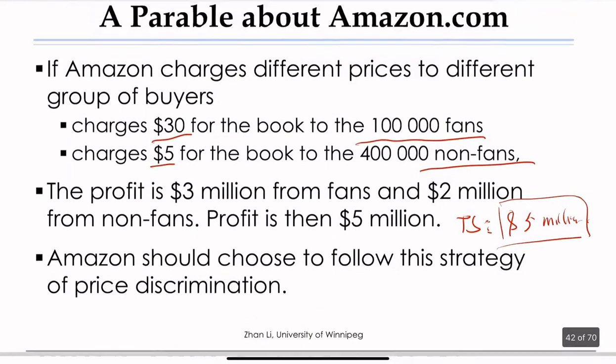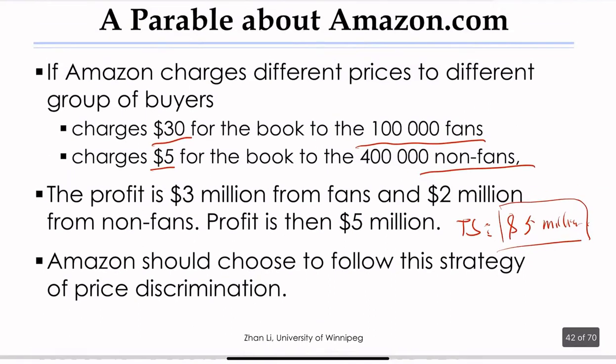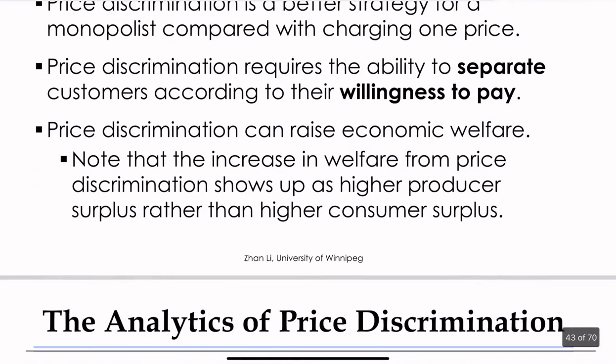Because in this Amazon example, if Amazon wants to effectively set its price, it has to understand its customers' willingness to pay, because these numbers are actually willingness to pay. And you can also see that price discrimination can actually increase economic welfare, because under price discrimination, the total surplus actually increases from 3 to 5.